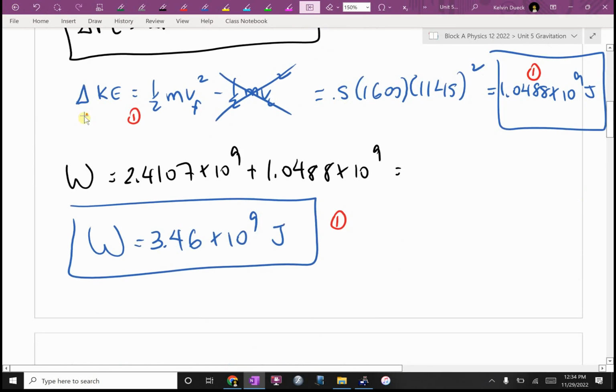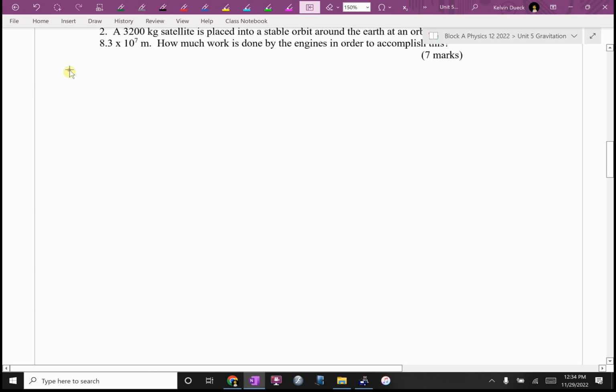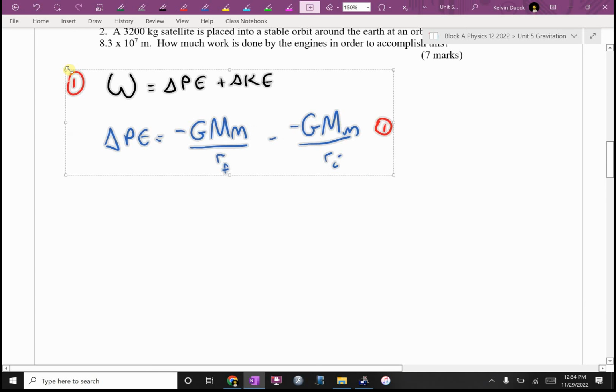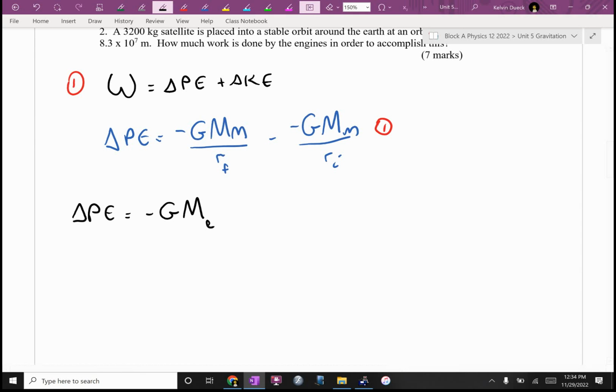Copy. It's going to be the same old for starters. Okay. Now I'll have to use numbers from the Earth. So the change in potential energy is going to be negative big G. We did say we'd use the mass of the Earth enough that I was okay with you putting capital M, lowercase e, 3,200 all over.